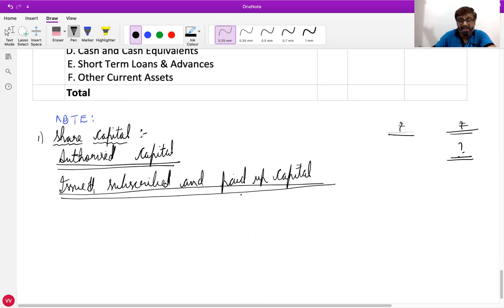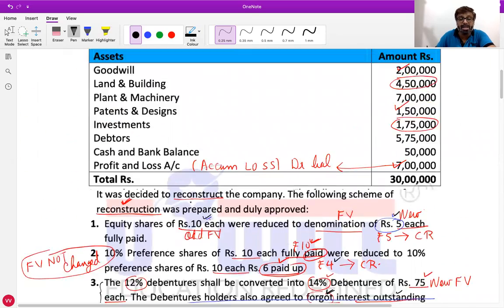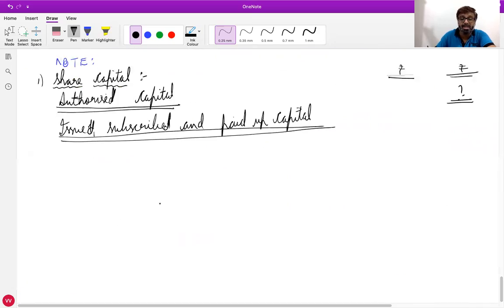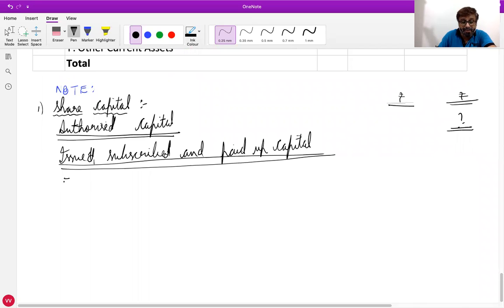In that we will have 50,000 equity shares of rupees 5 each. The face value is reduced to 5. So 50,000 equity shares of rupees 5 each, 2,50,000. Is everyone clear with this?